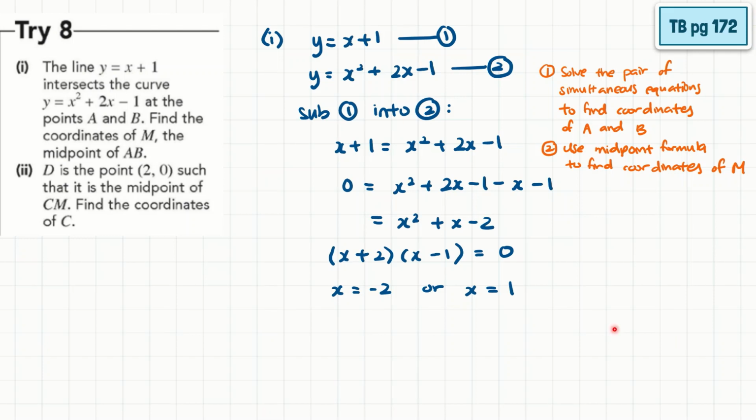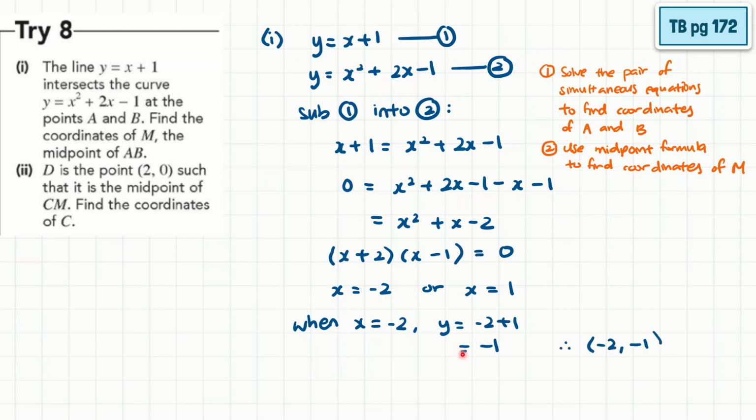We should not forget what we were trying to do in the first place. We were trying to find out the coordinates of A and B. So this is only the x coordinate. So when x is equals to negative 2, I can find the corresponding y value by substituting into one of these equations here, and I will get negative 1. I substituted back into equation 1 because it's much easier.